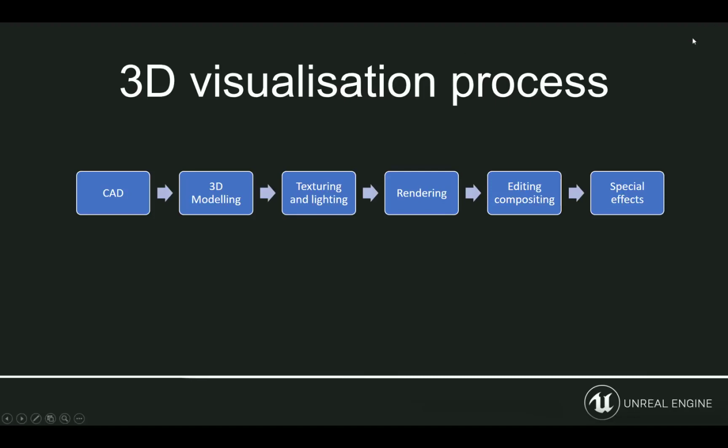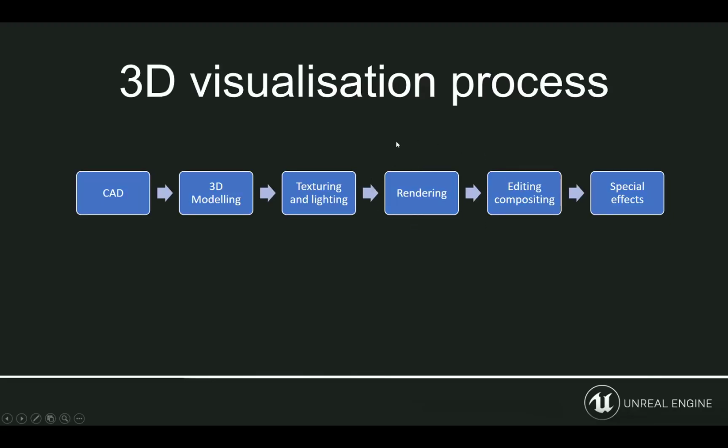Effectively we'll have to press the render button, and then all that data gets sent over to the renderer, which then goes into another compositing package, maybe with special effects added on top. So here Unreal Engine is sitting across a very broad spectrum of this process, enabling us to look at eventually having a lot of this happen in just one package.